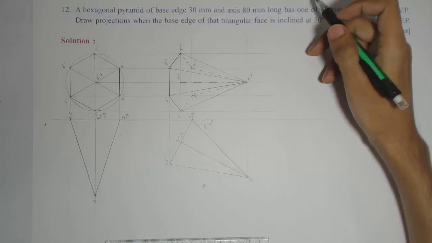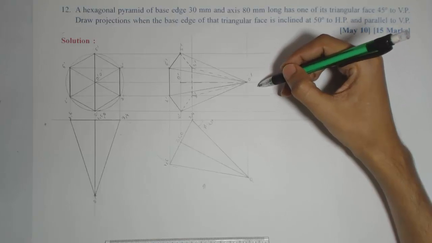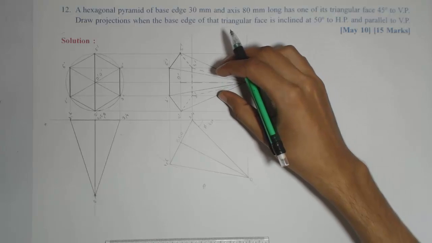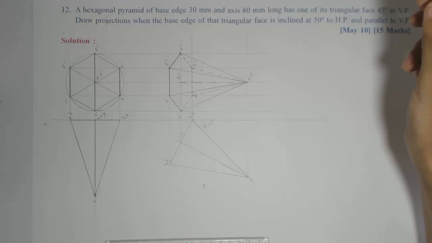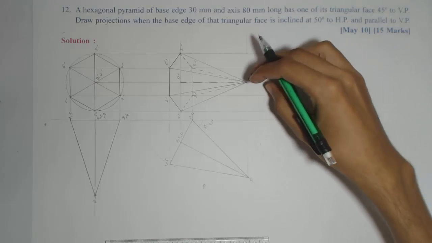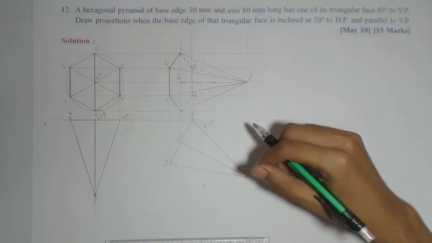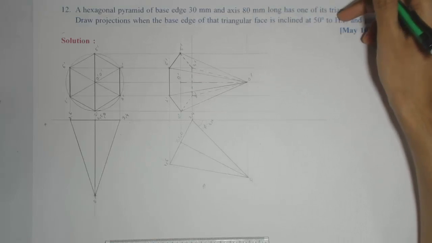Okay, but again we need to check about the apex, whether it is nearer to the observer or away from the observer. Nothing is said, so we can either tilt this in clockwise or anti-clockwise direction. So we will go for anti-clockwise, that is apex nearer to the observer. We'll tilt like this. So for that we need this edge to be inclined at 50 degree.